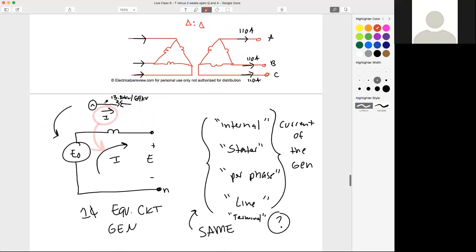Induction generators are not economical because they require reactive power to create the magnetic field in the winding, which they draw from the terminal they're connected to, whereas for a synchronous generator that reactive power comes from the excited rotor.